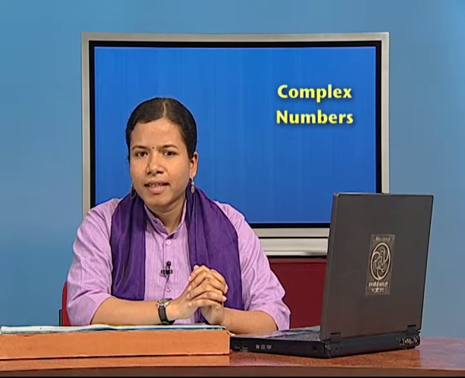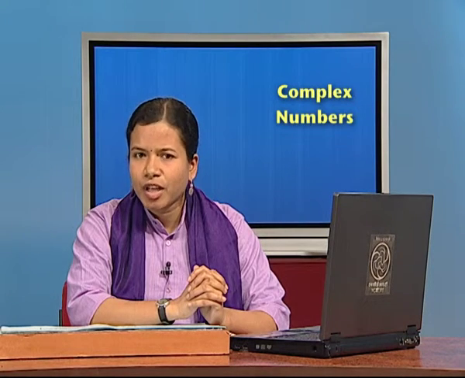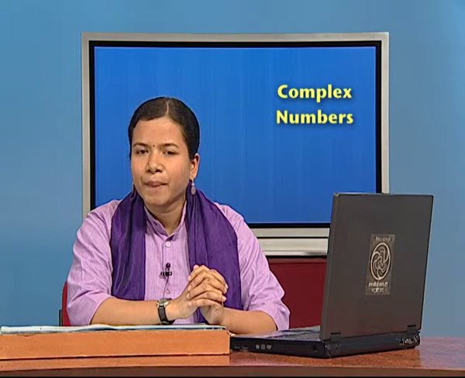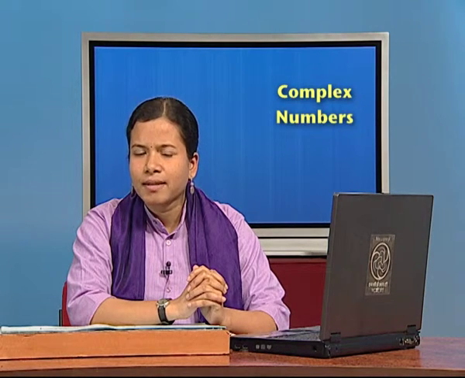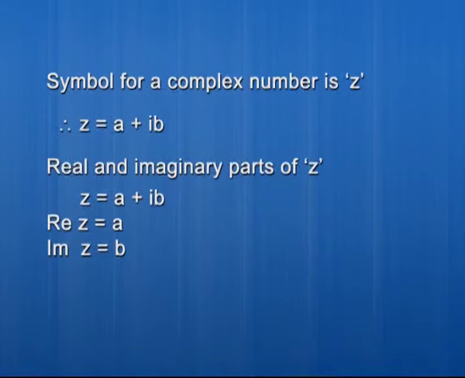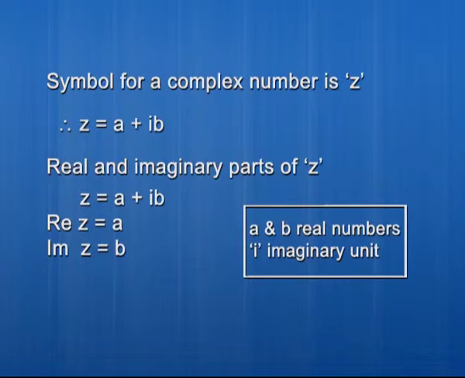Here you can see that since a is a real number, so we are saying that a is the real part of z. But can you guess why we are calling b as imaginary part of z? You can notice that b is with i, where i is called an imaginary unit. So, i times b is called imaginary number.